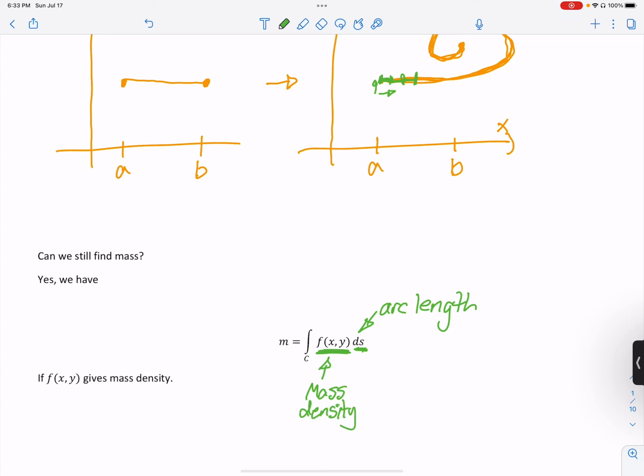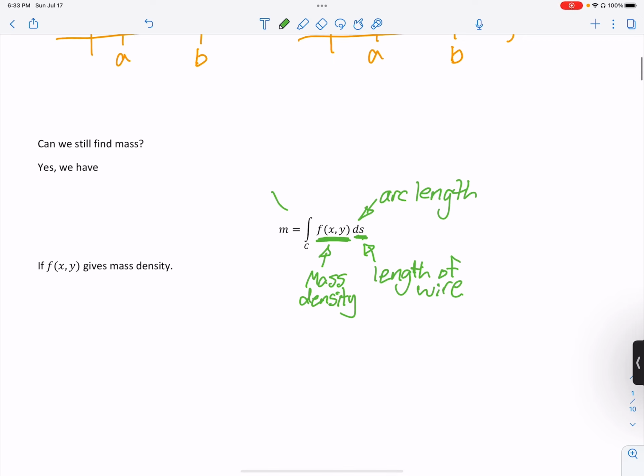How much do we have in each one? And then this is almost the length of the wire, but we're thinking about it in 3 dimensions, so it's a height rather than a distance to the side. If that is mass density, this still gives me the mass of the wire. I just have to deal with this weird integral here.